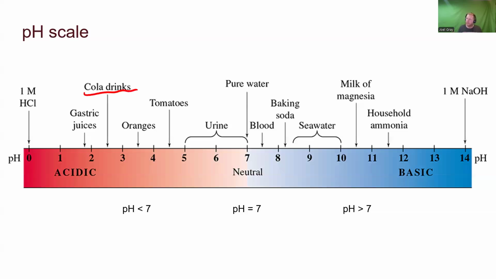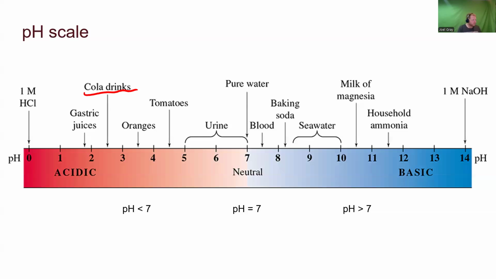But I think that this soda is a little bit flat. That would probably have an influence on the pH, because its flatness is related to the CO2 that's dissolved in there, the carbonation.